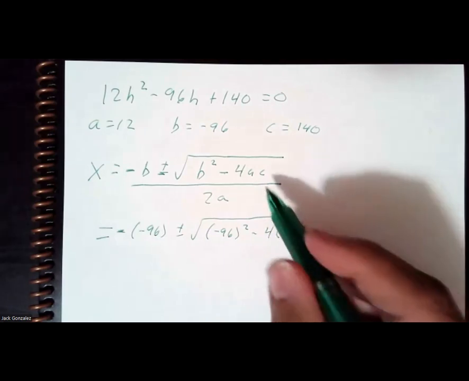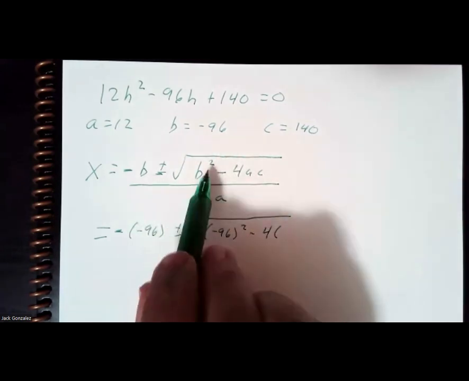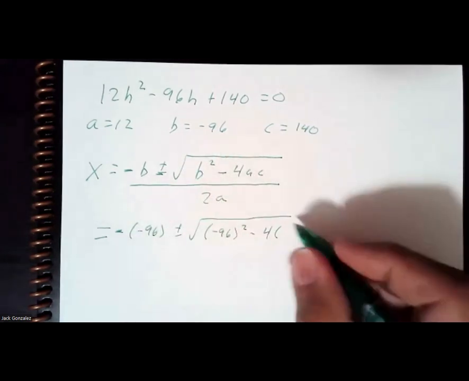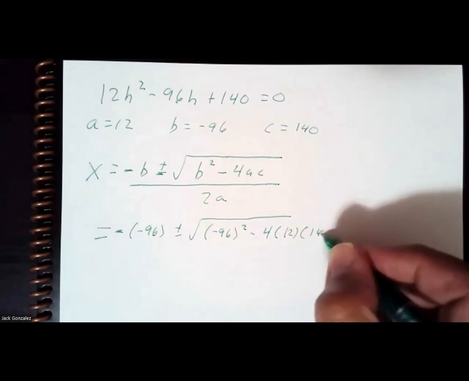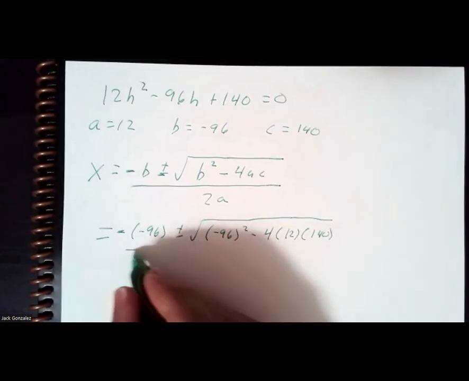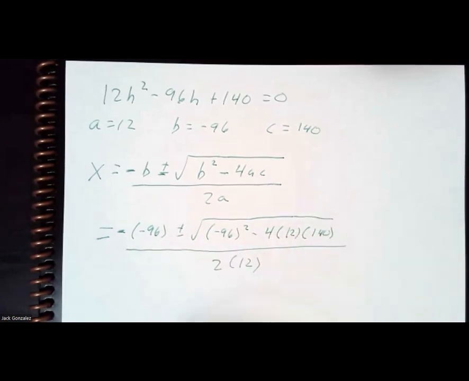Okay, plug in everything. B is negative 96. B is 96, yeah. Negative B over 2A.